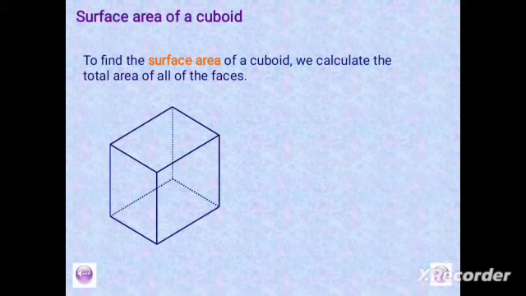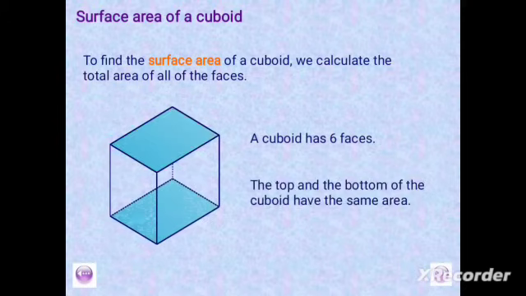Now, surface area of a cuboid. To find the surface area of a cuboid, we calculate the total area of all of the faces. A cuboid has 6 faces. The top and the bottom of the cuboid have the same area, so those are 2 faces.